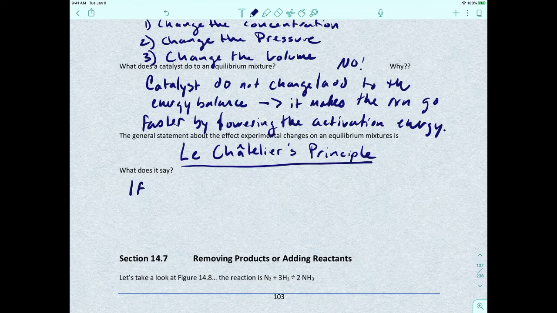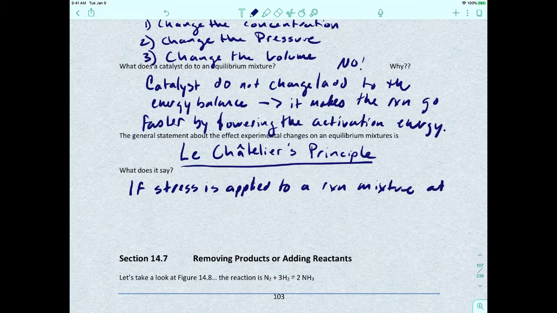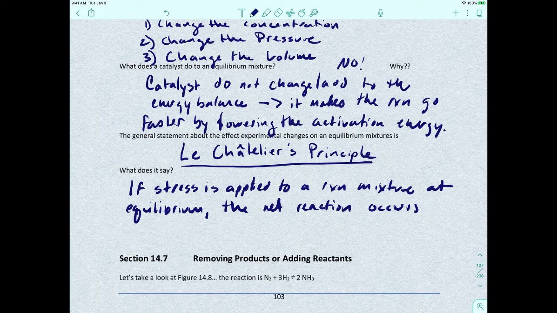It says this: if stress is applied to a reaction mixture at equilibrium, the net reaction occurs in the direction to relieve that stress.